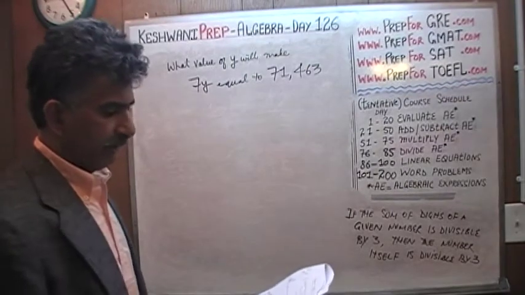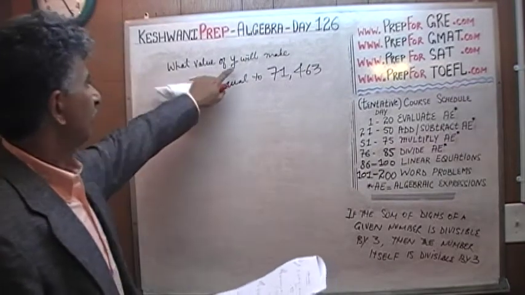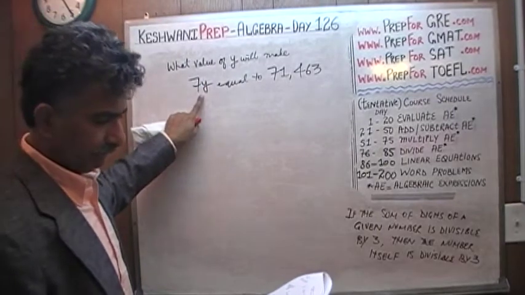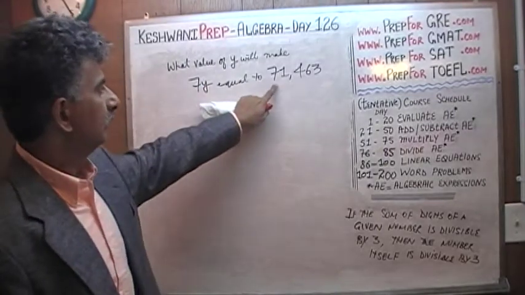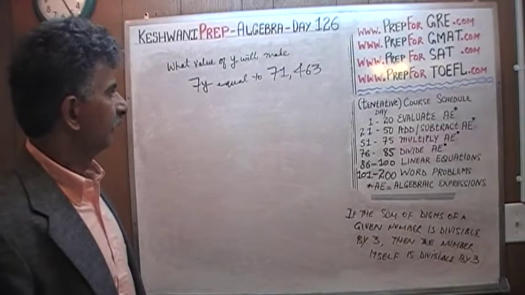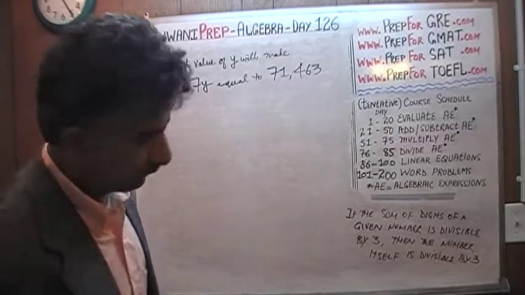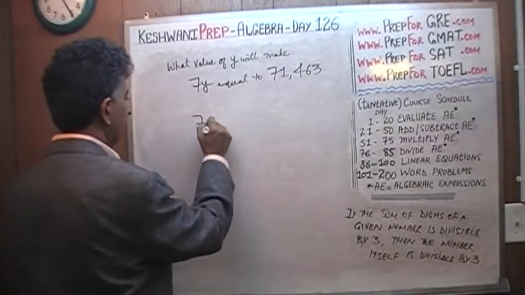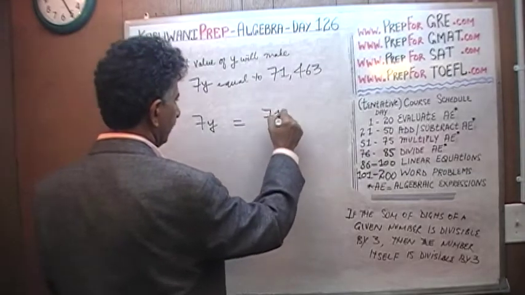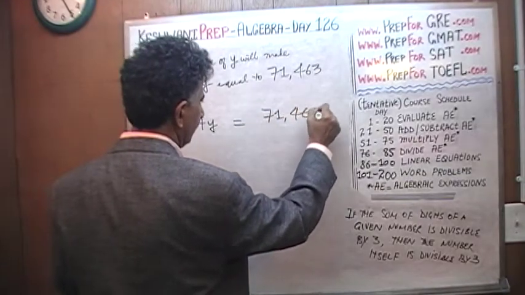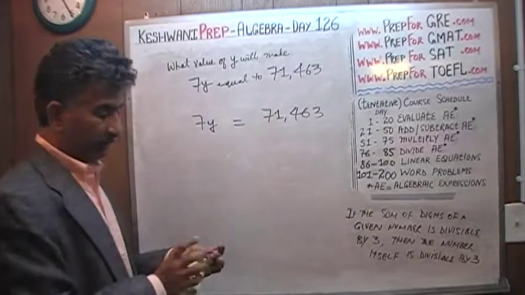Well, let's find out. 7y has to equal 71,463.